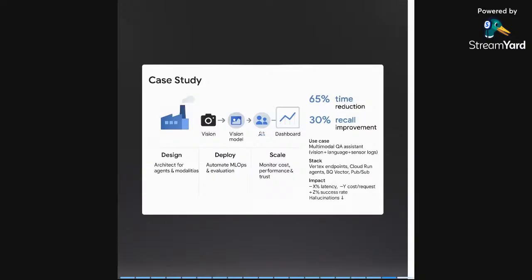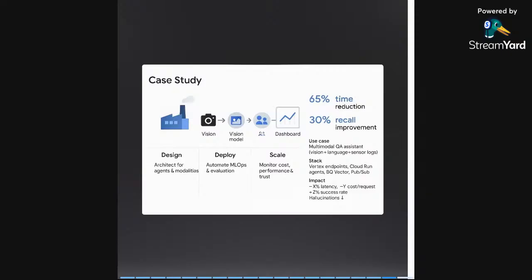We have the vision model in this, and we want to understand how the model behaves through the dashboard while utilizing all these evaluation techniques. While using that, we can see time reduction and recall improvement of about 65% and 30% more compared to a traditional CI/CD pipeline.